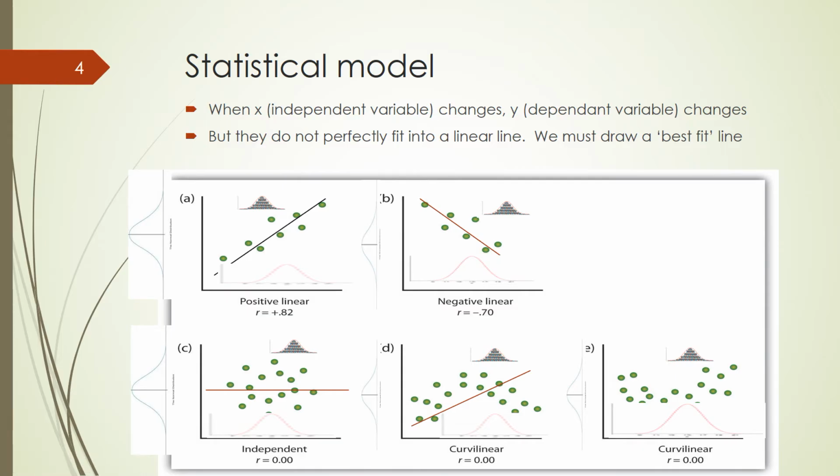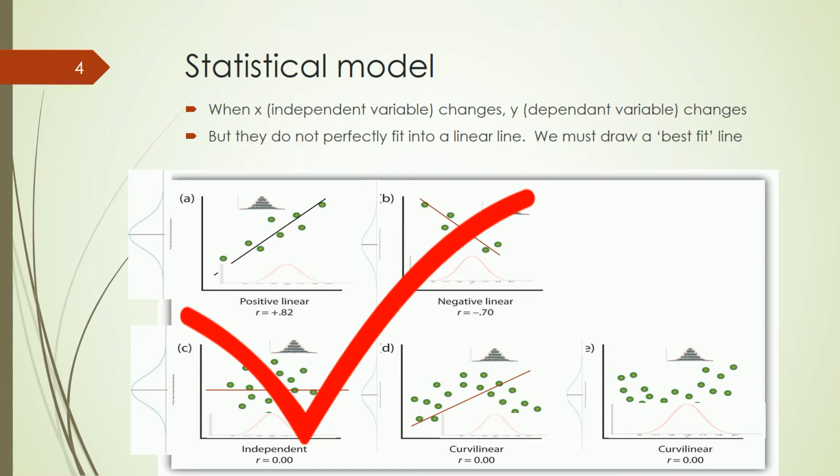But it is not always that in real life the independent variable and dependent variable have a linear relationship for each change in the independent variable to each change in the dependent variable.